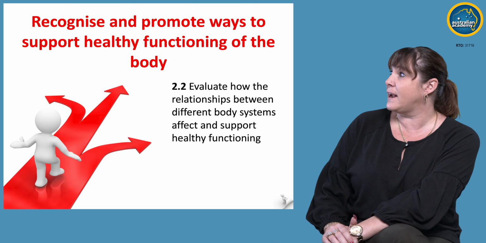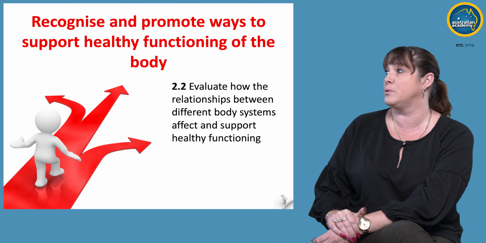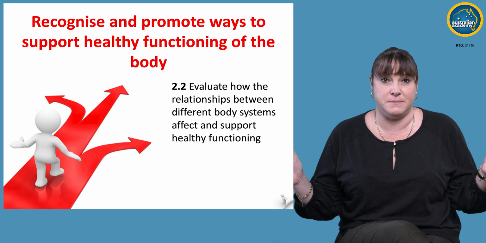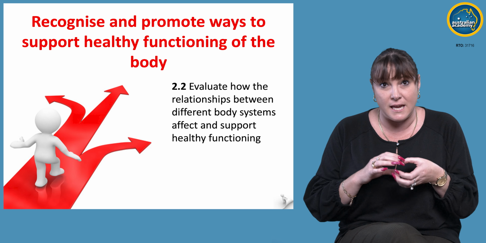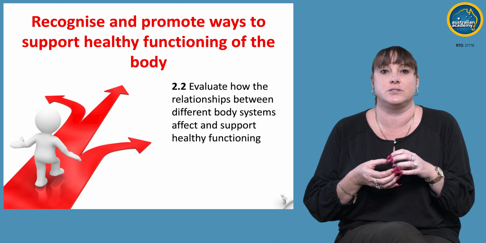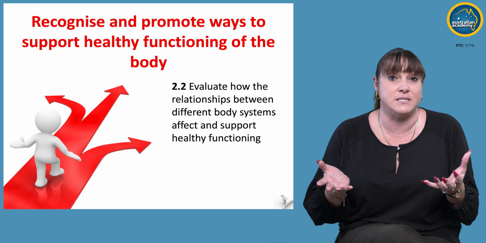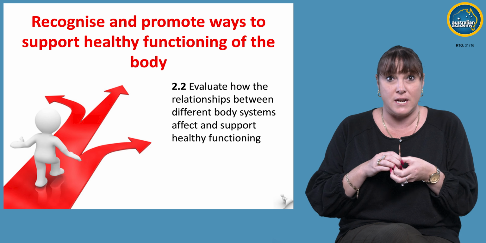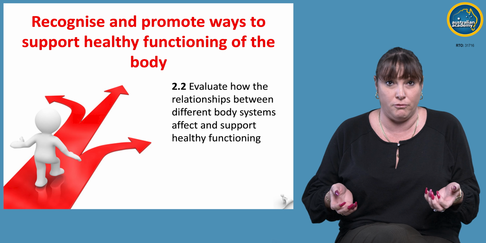Okay, so we need to evaluate how relationships between different body systems affect and support healthy functioning. The body is made up of 13 systems, and it's all linked together like a chain. So what you want to do is keep those links of the chain nice and strong. If you have one system, say the respiratory system when you're having a cold, that link has got a bit weaker. Then it's going to pull away from the other links, being the other systems of the body.